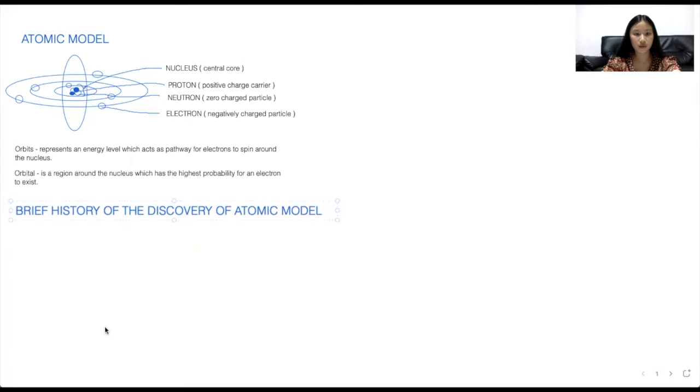So for the first person, we have Democritus, who said that an atom is a tiny, indivisible particle called atomos.